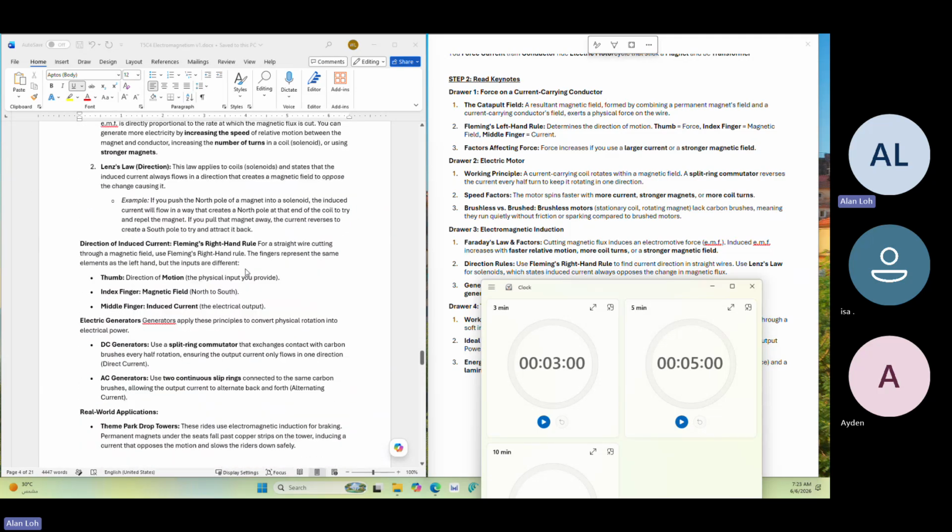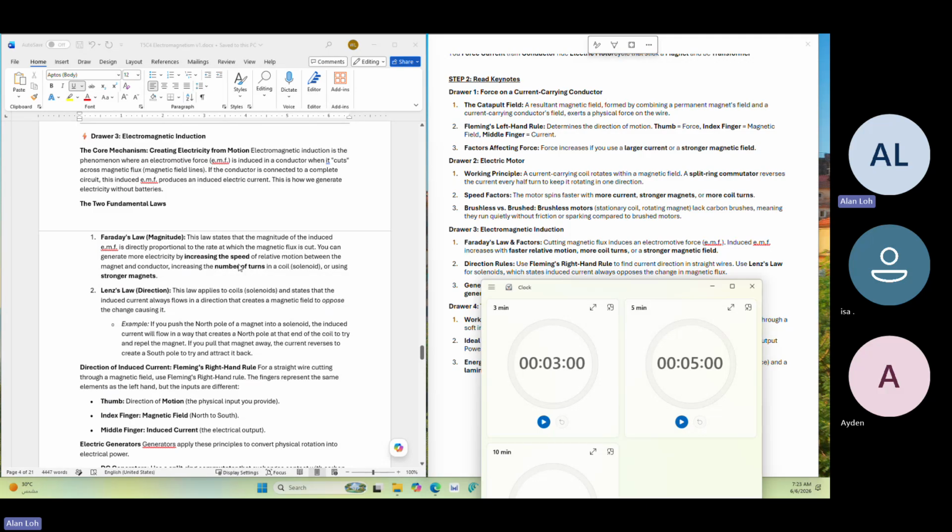Drawer 3 is electromagnetic induction. We will do 3 minutes for drawer 3. Let's start now.